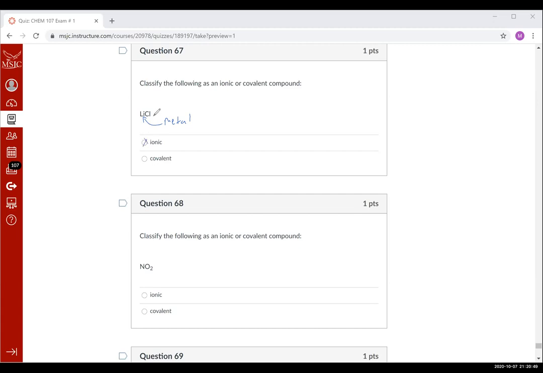Now looking at NO2, I see 2 non-metals. So would that be considered ionic or covalent? Covalent. Yep, exactly right. Does this make sense to everyone? Perfect.